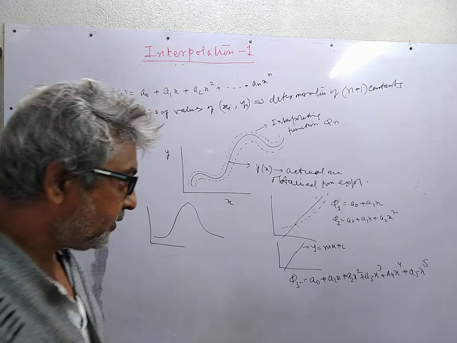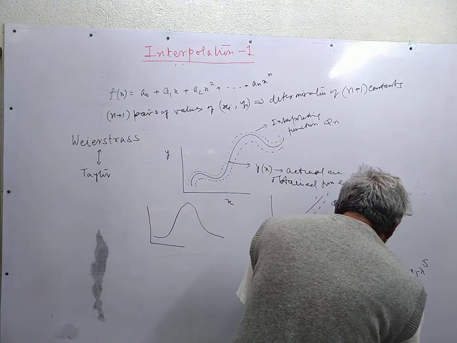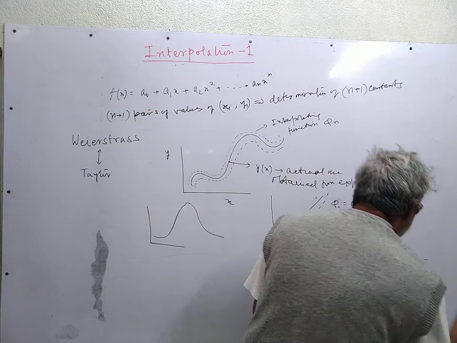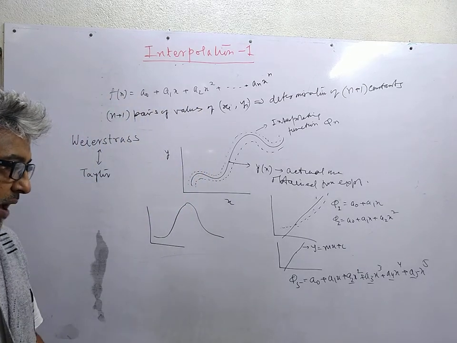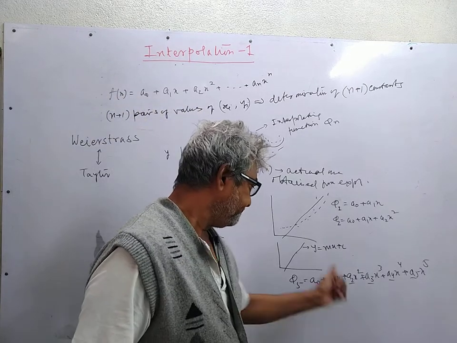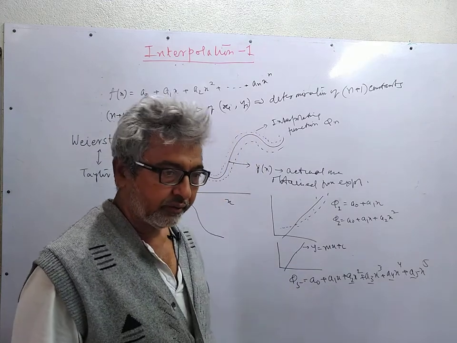And upon calculation, it will be found that a2, a3, a4 and a5 will have very small values compared to a0 and a1.